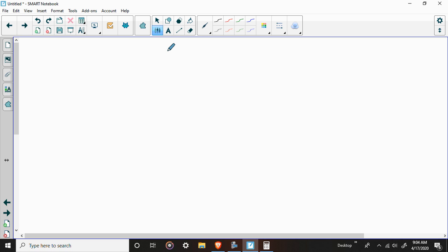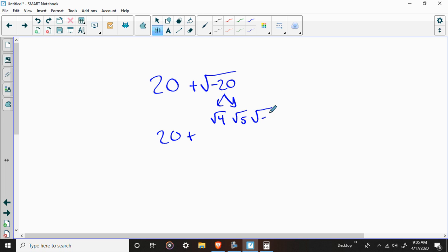All right, and the only other thing they could do is something like this. If I said, what is 20 plus the square root of negative 20? What's a perfect square that goes in here? The square root of 20 is going to be the square root of 4 times the square root of 5 times the square root of negative 1.